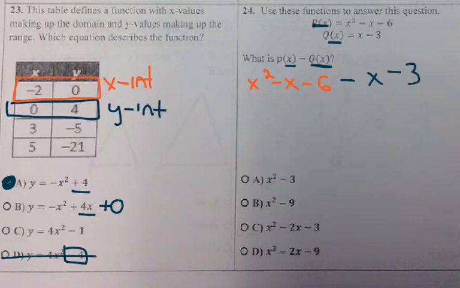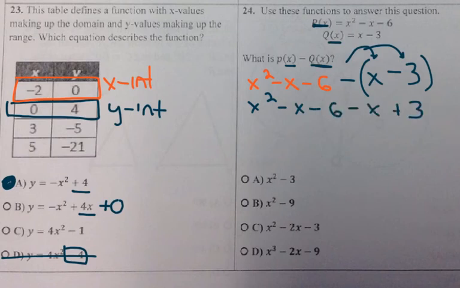All right. Now, I already have a mistake on here. What is it? I have to put the x minus 3 in parentheses because I'm subtracting the x and the negative 3, not just the x, okay? So why don't you just distribute that? Yeah, distribute and collect like terms, right? All right, so I have x squared minus x minus 6 minus x plus 3.